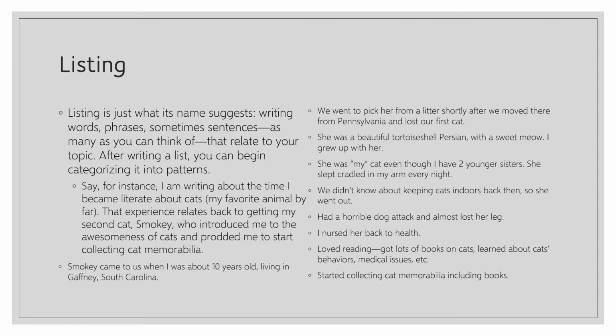It could be playing video games. It could be texting. It could be TikTok. It could be organizing your Netflix queue. It could be something more serious, school related. It could be an extracurricular activity. Then you can start categorizing into patterns after you list.